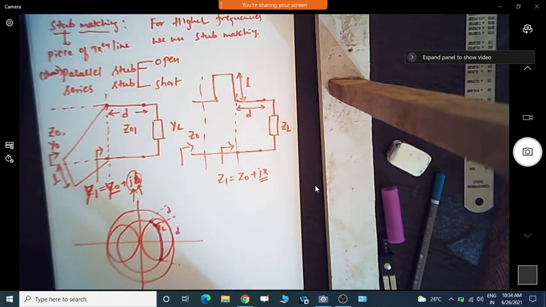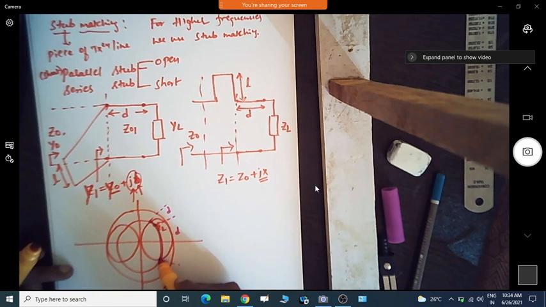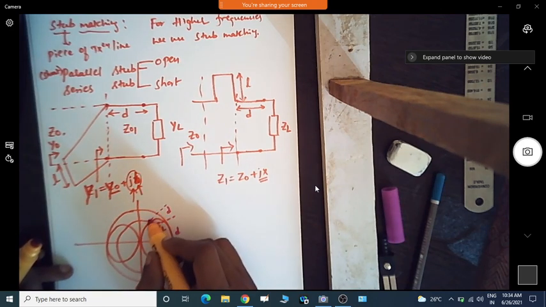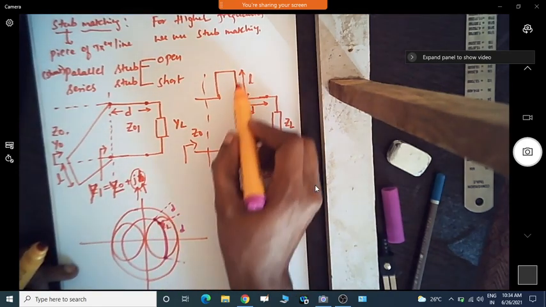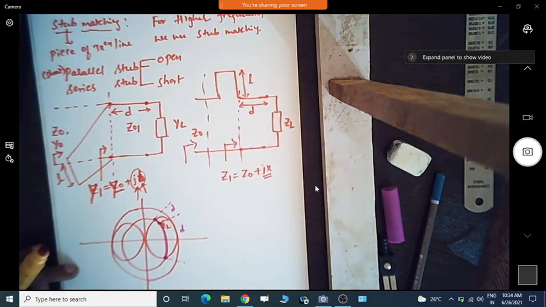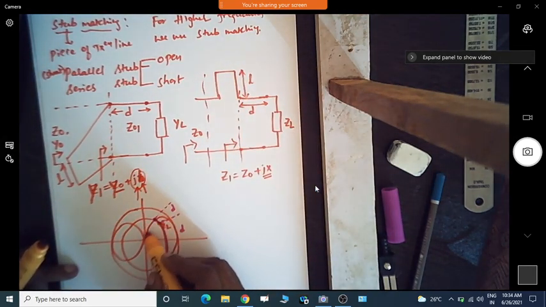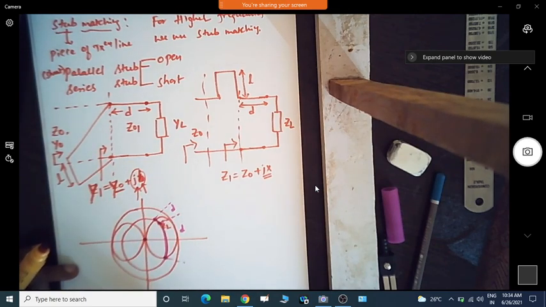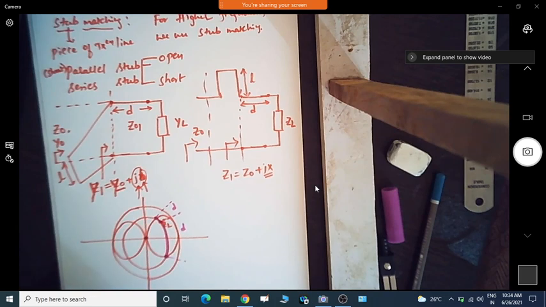There are many solutions which exist. Now we have to see what the reactance is at this point and at this point. Correspondingly we have to find the length of the stub in order to eliminate this reactance, and finally we arrive at the center point. Okay, so this is the procedure we need to use.